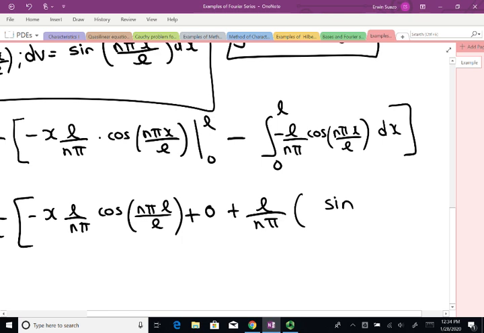If I make a mistake, be patient, and at the end I will compare, and if I have it wrong, I will try to find the mistake. So sine of n pi x over L, sorry, that L is really bad. And then the derivative of this should be cosine n pi x over L.